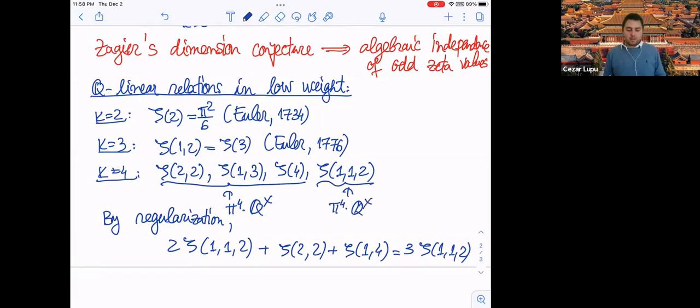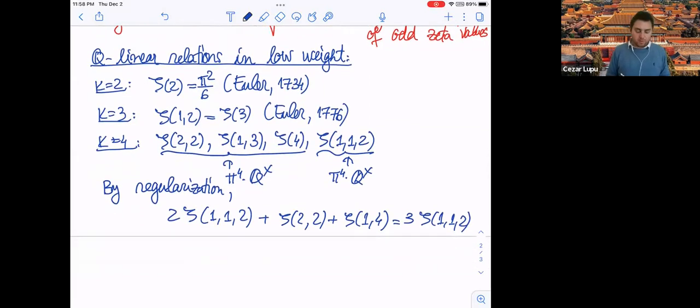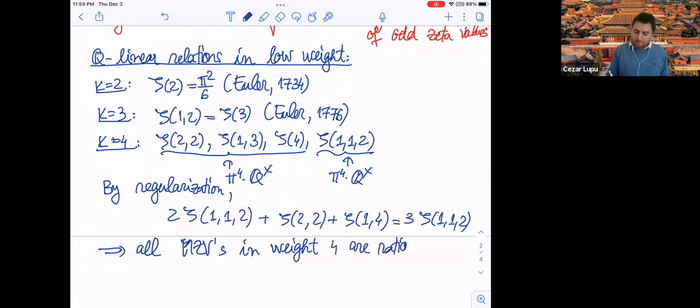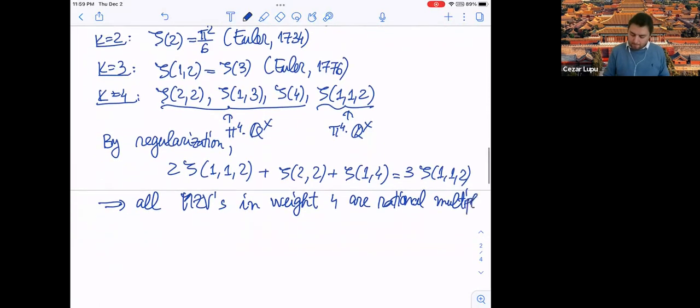So what we can see at this point is that all multiple zeta values in weight 4 are rational multiples of pi to the 4th, right?